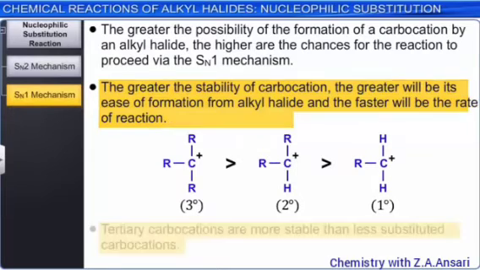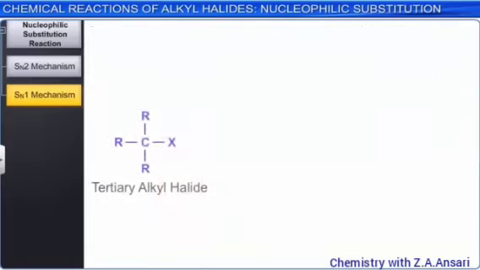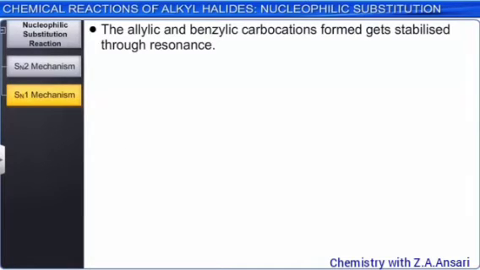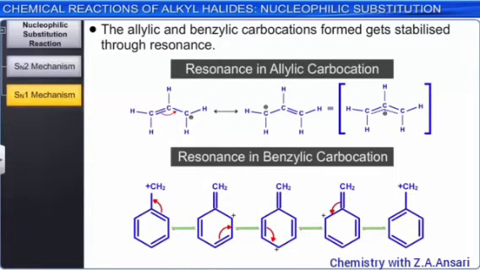Thus, due to the greater stability of tertiary carbocations, tertiary alkyl halides readily undergo SN1 reactions. Allylic and benzylic halides also show high reactivity towards the SN1 reaction. This is because the allylic and benzylic carbocations formed get stabilized through resonance, as shown here.